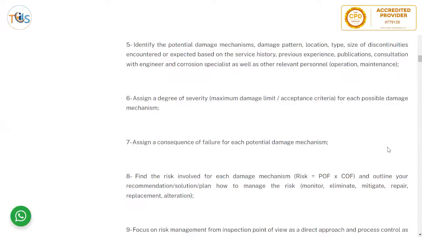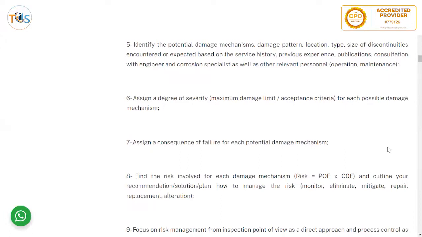So you have to assign the consequence of failure for each potential damage mechanism, and then you get the probability of failure, how likely it is that the particular damage mechanism could lead to failure, and how likely it is to end in such a consequence or scenario.